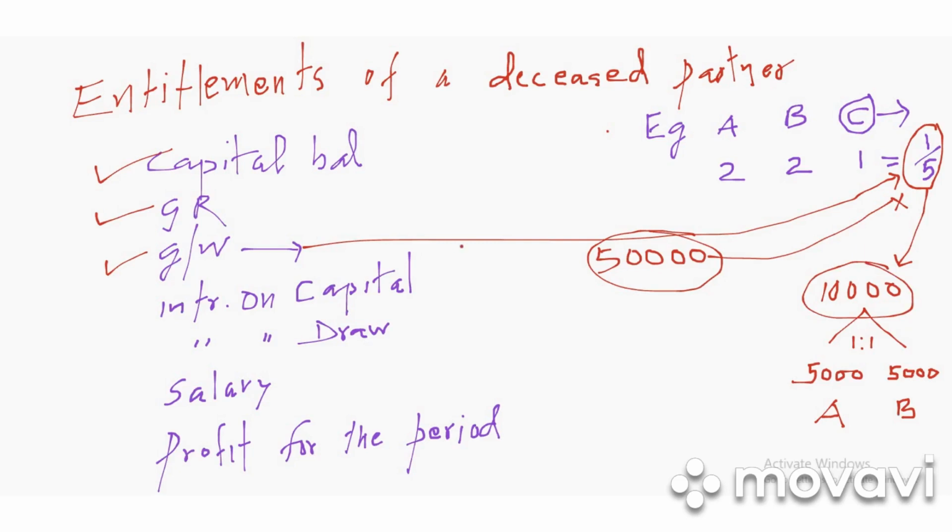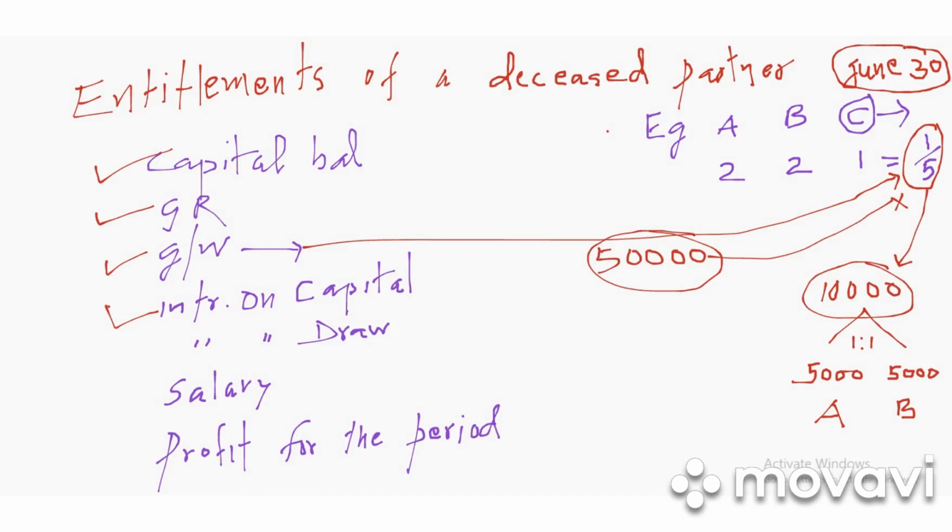So here also the procedure is more or less same. Now another important calculation to be made is the calculation of interest on capital. You just have to find out when the deceased partner died. Suppose the deceased partner died on June 30, after closing the accounts on March 31st.